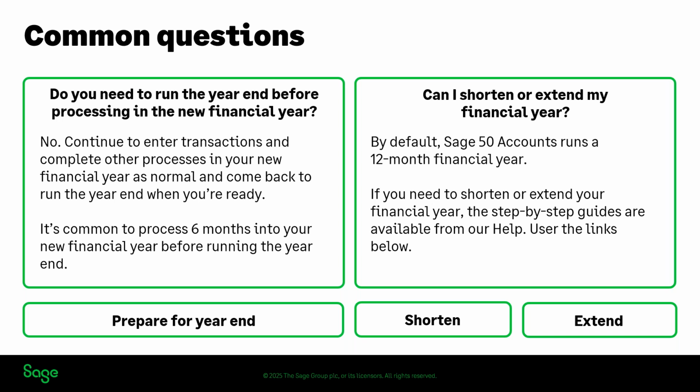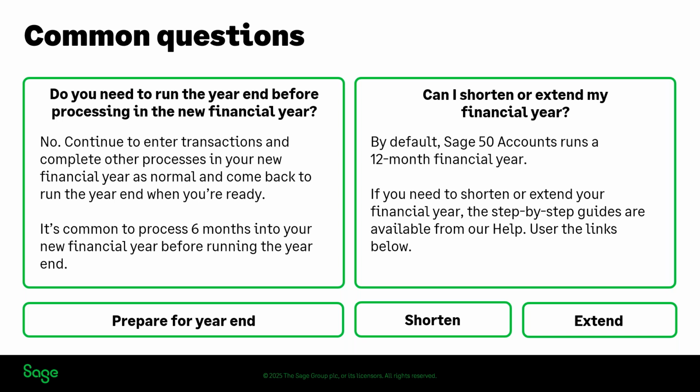On the right there, that second question, can I shorten or extend my financial year? Now, obviously less common, this question, but it's a fairly common process. By default, Sage will always run for a 12-month financial year. So whatever you set that start date to, the end of the financial year will be 12 months later.